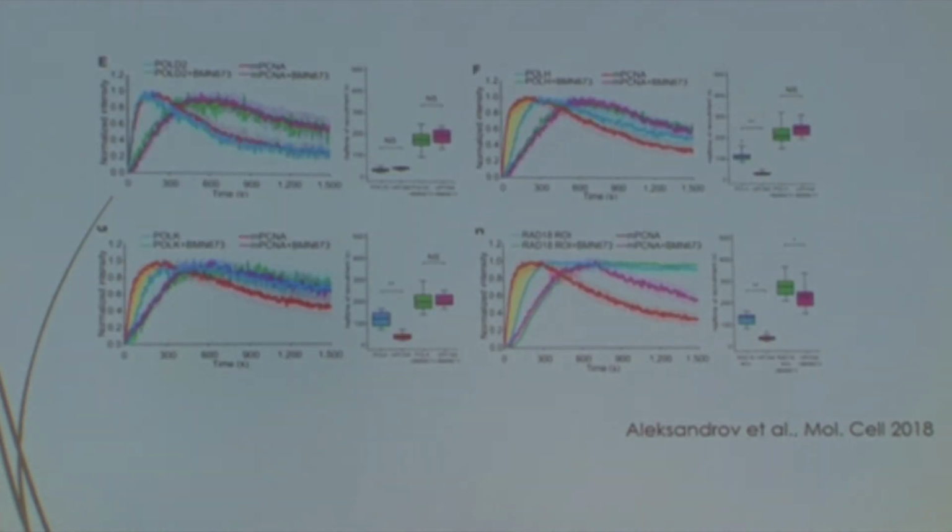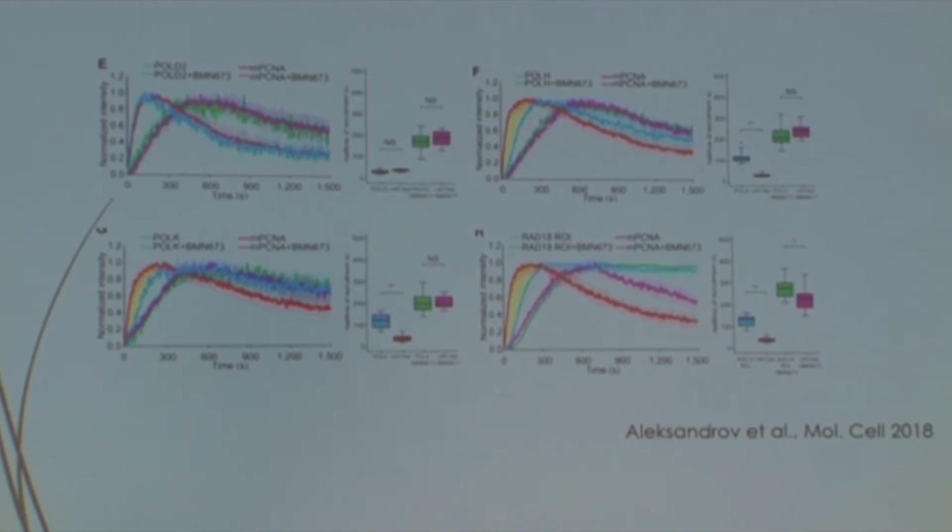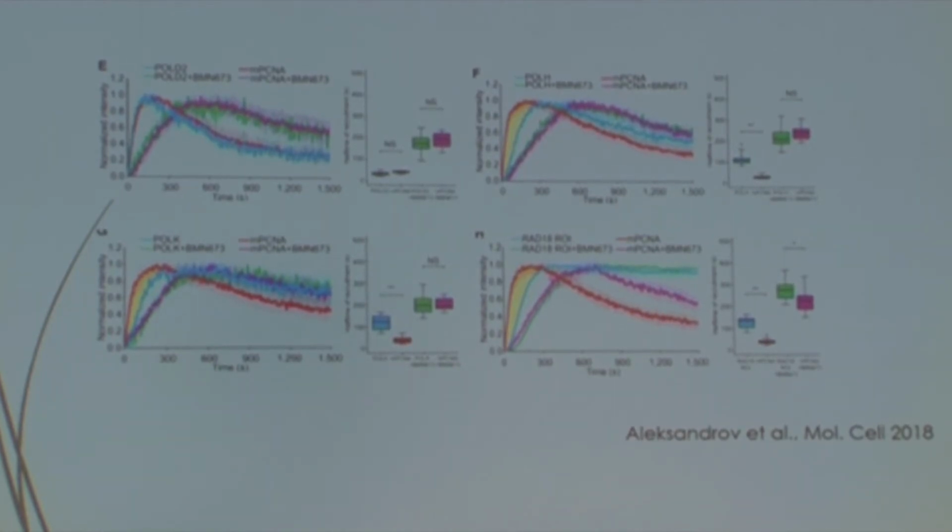But also, what is more important, RAD18 is also delayed in the same way. RAD18 is required for recruitment of translesion synthesis polymerases, because RAD18 has to monoubiquitinate PCNA to stabilize recruitment of the translesion polymerase.